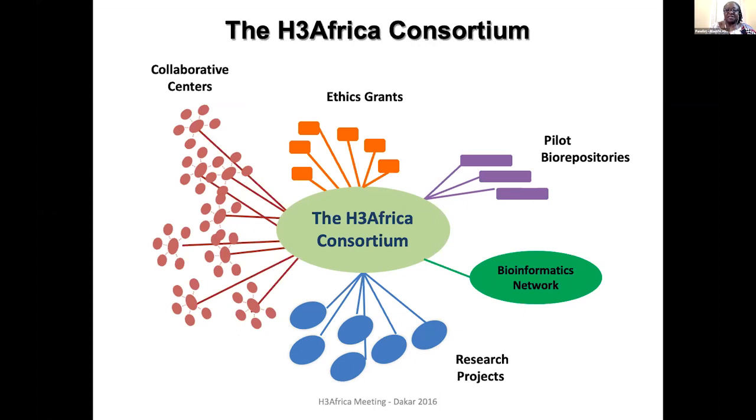These research activities are all supported by a number of resources within the H3 Consortium, which includes the ethical consideration. I believe in DSI Africa, you've heard a lot from my colleague, Nikki Mulder, on the bioinformatics network that she set up in over 46 countries in Africa that work together to support this work.